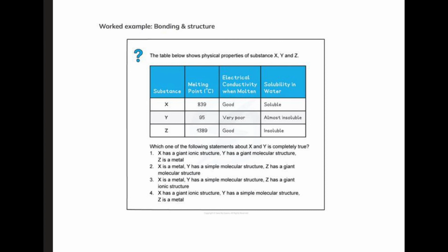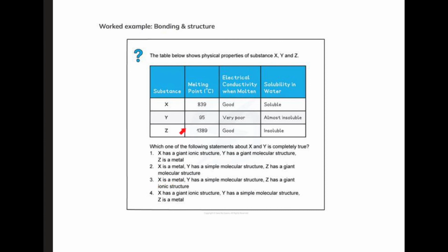Okay, so you said number 4: X has a giant ionic structure. Let's see. Melting point, electrical conductivity. Actually, wait, maybe it's 3. Okay, now you change your mind to 3: X is a metal.